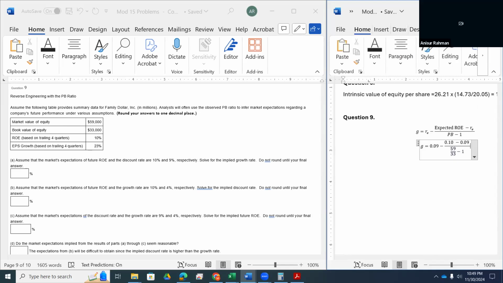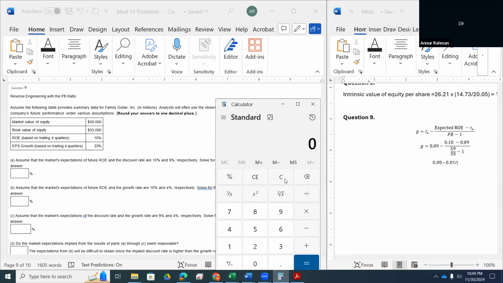So now we have to solve for this. 0.09 minus, in the numerator I will have 0.01, and in the denominator I will have 59 over 33.